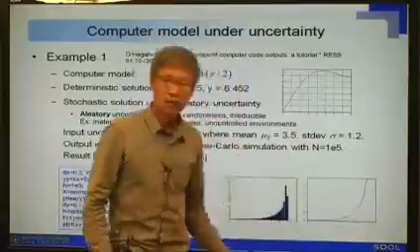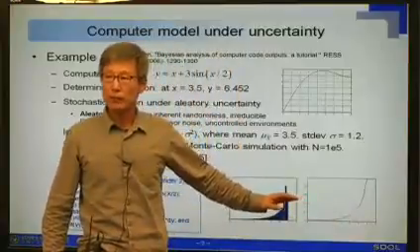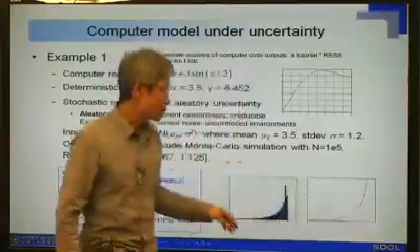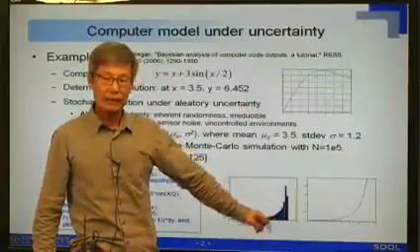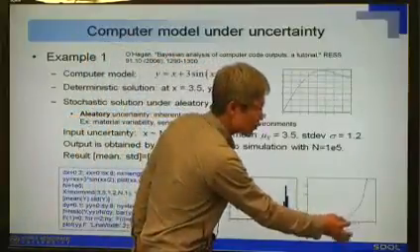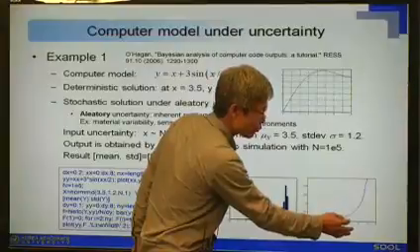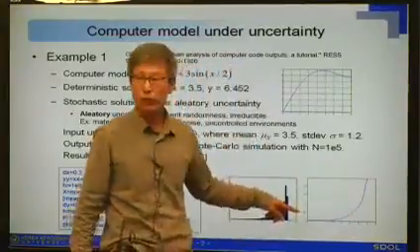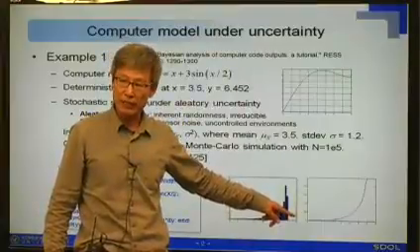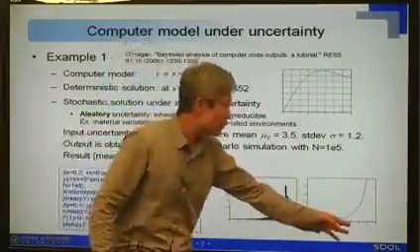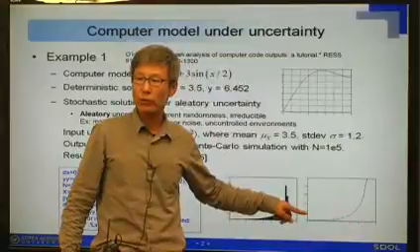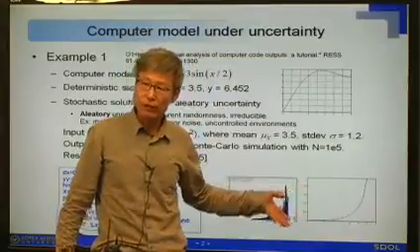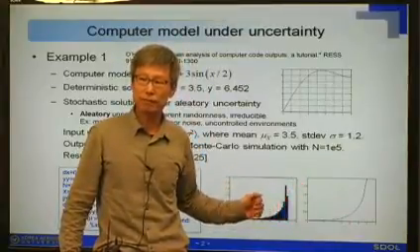So please be careful. The x-axis represents here the y. So at a value y, if the y value is 5, and if we got the value of 0.2, that means that the probability of y less than 5 is 0.2. That is the definition of a cumulative distribution function.